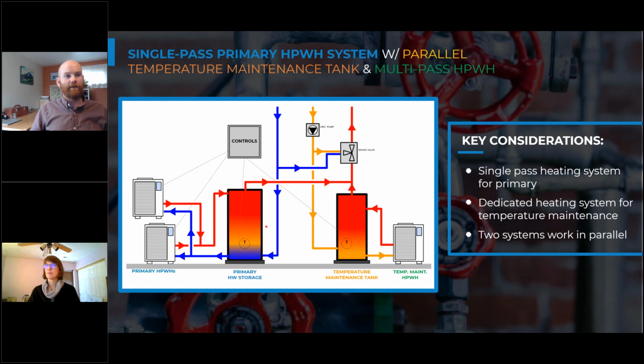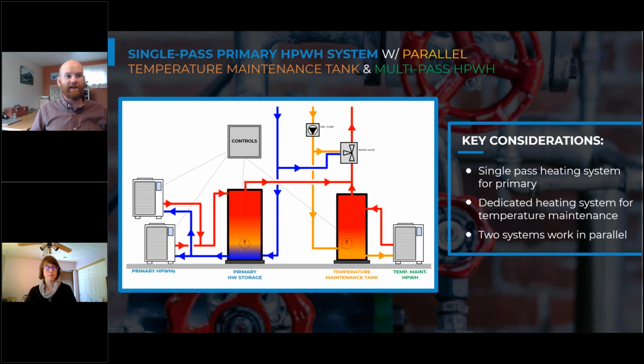And then the other critical aspect that we can do to provide a little bit more of a robust design solution is actually take this hot water and get a little bit of an advanced temperature maintenance storage tank and discharge it right in the top, so that there's some buffering effect there of if this water loses a little bit of temperature, we can heat it back up there.